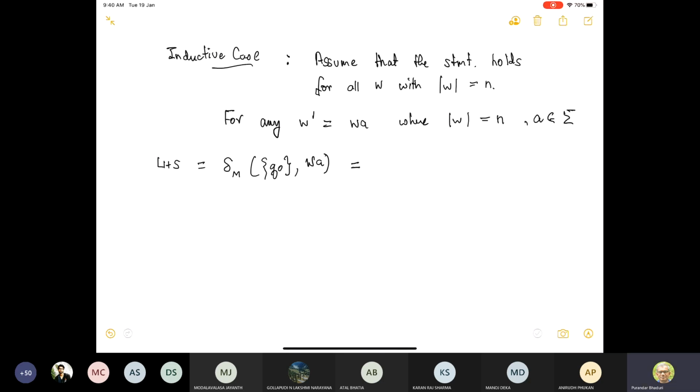And remember, this is delta hat. Okay. So let me write it for ease of understanding.